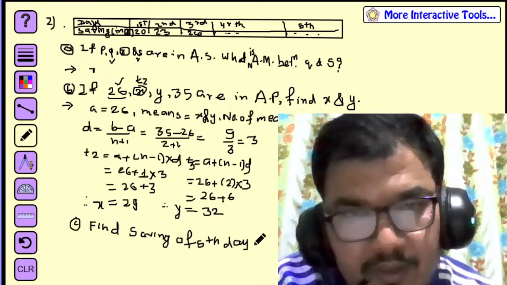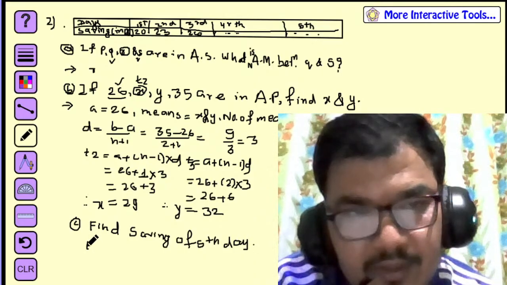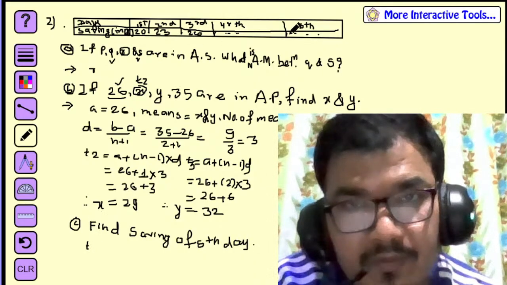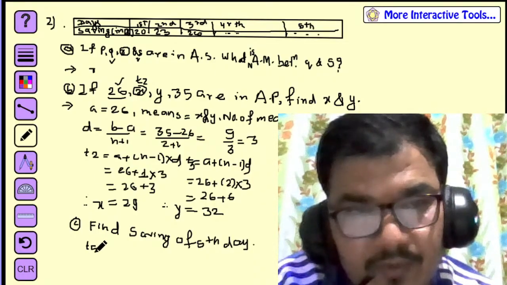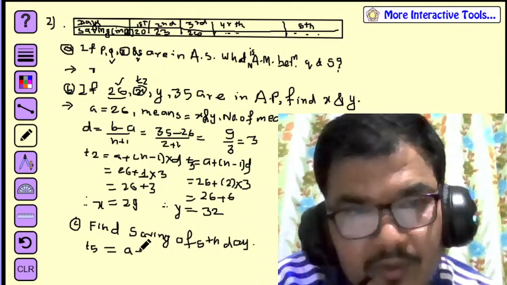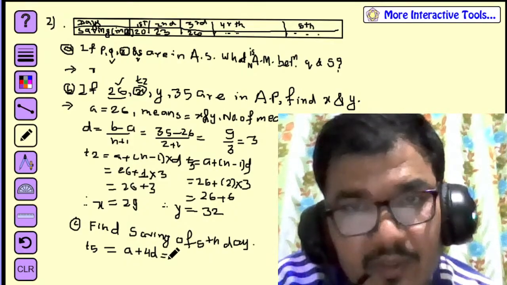Then how do we do it? We know this is the fifth term, that's why T5. The short formula is a plus 4d.